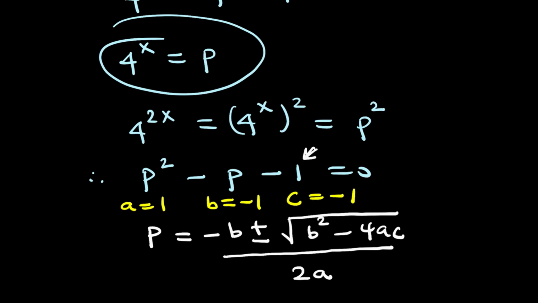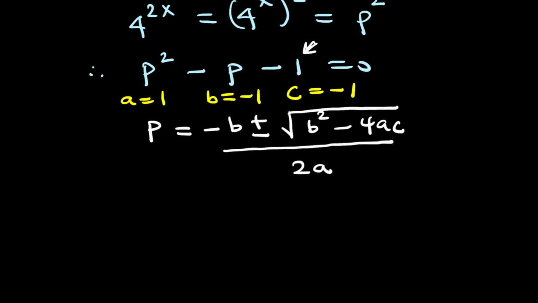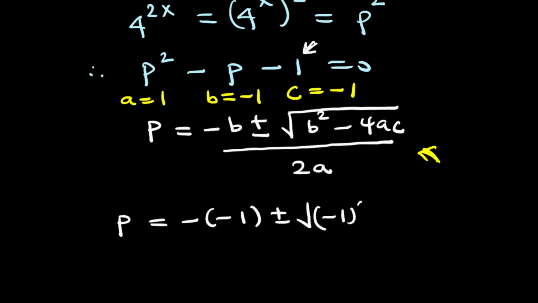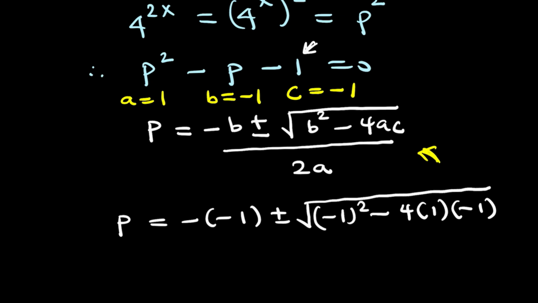If we put those values into this new equation here, then our p is going to be minus negative 1, then plus or minus the square root of b squared, which is negative 1 squared, then minus 4 into 1 into negative 1, then all divided by 2 into 1.